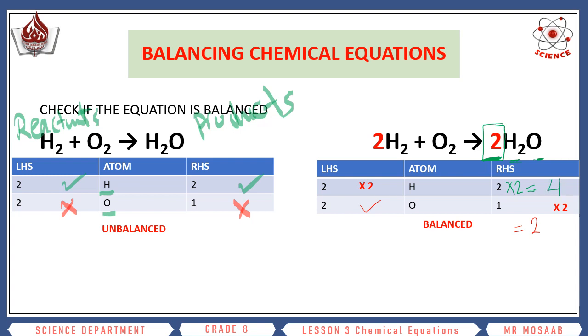Now we must make the hydrogen in the reactants and in the products equal. How? By multiplying the reactants with 2. 2 multiplied by 2 equals 4. So 4 in the reactants, 4 in the products. This 2 we take directly and write it here as a coefficient number.